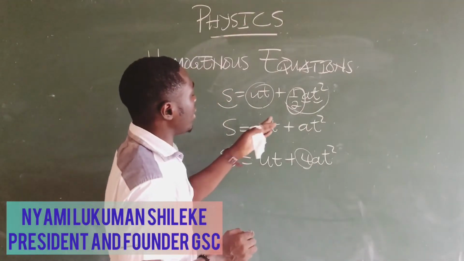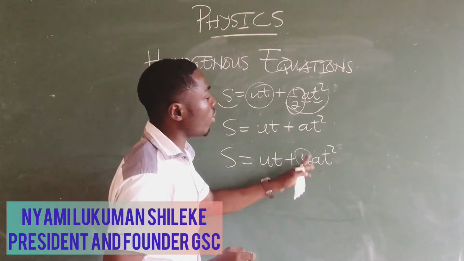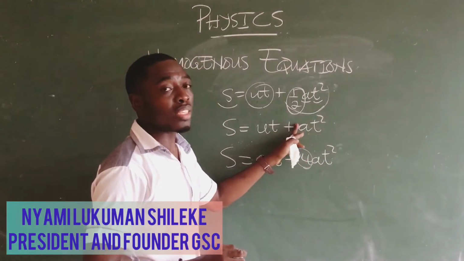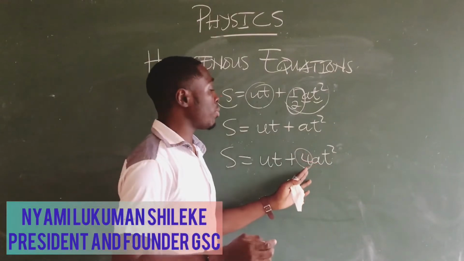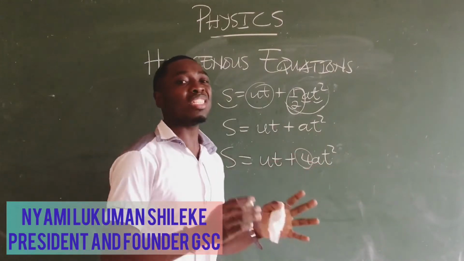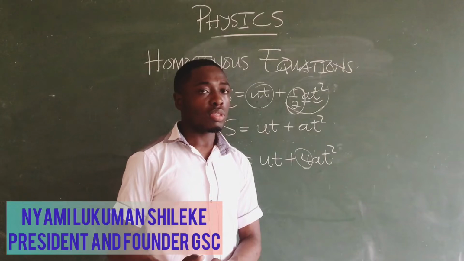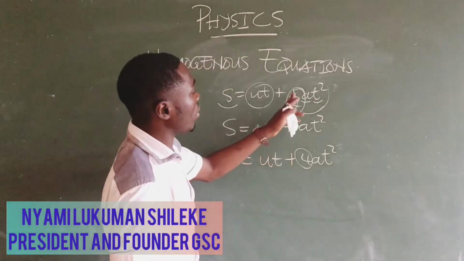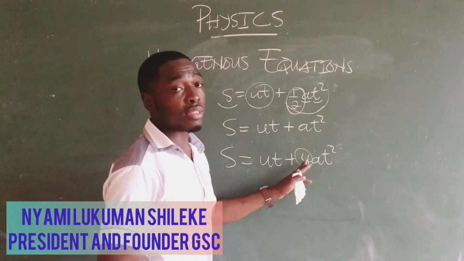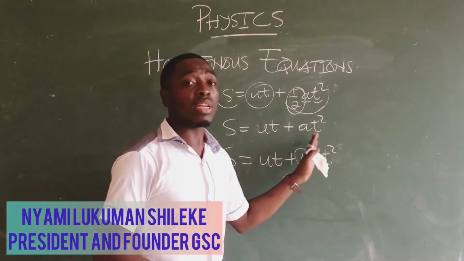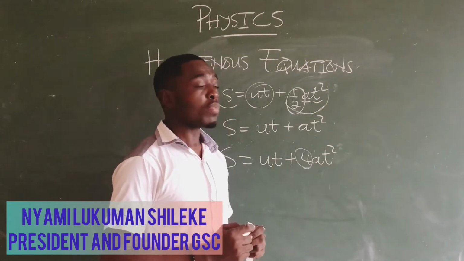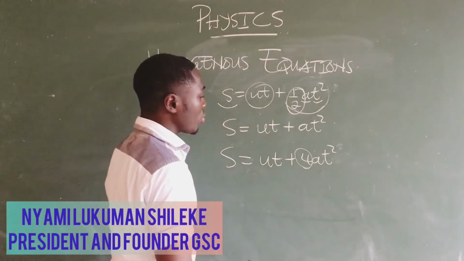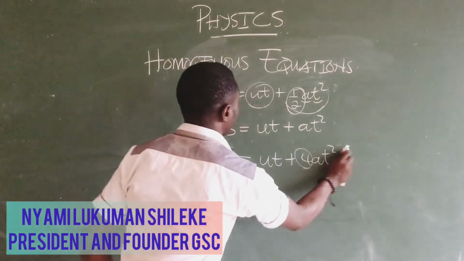So there can be presence or absence of unitless constants, which cannot be determined by the method of homogeneity, and so you cannot say that a homogeneous equation is necessarily a correct equation. Okay? Now, let's see how this equation is homogeneous.